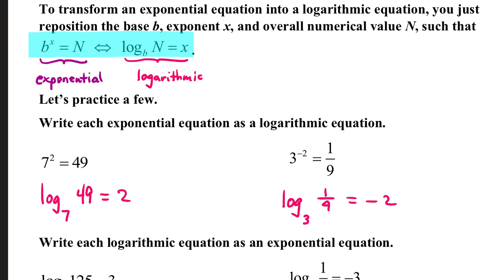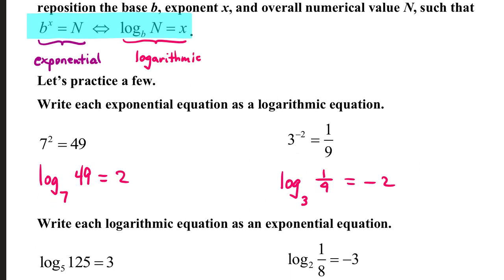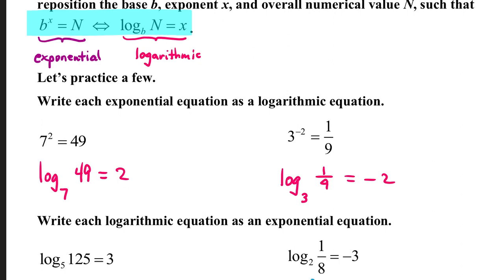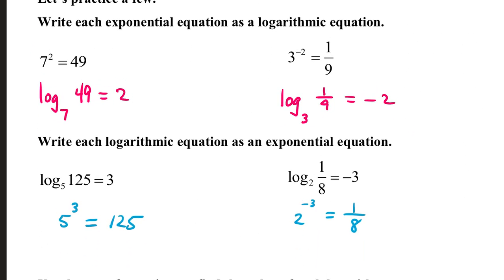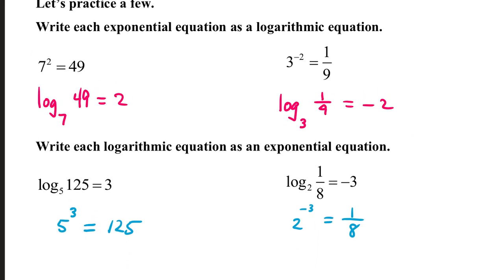Going the other way, we're going to take logarithmic form and go back to exponential form. Log base 5 of 125 equals 3, and that's because 5 cubed equals 125.